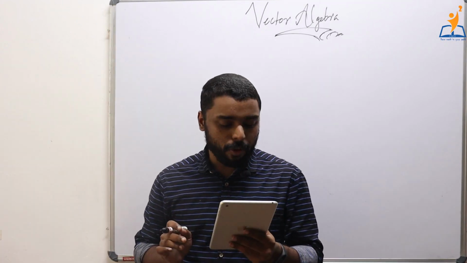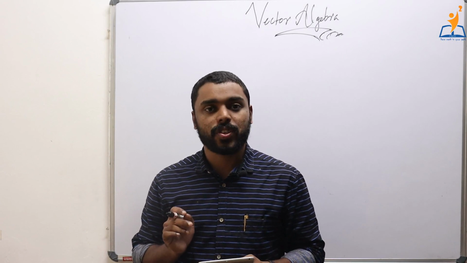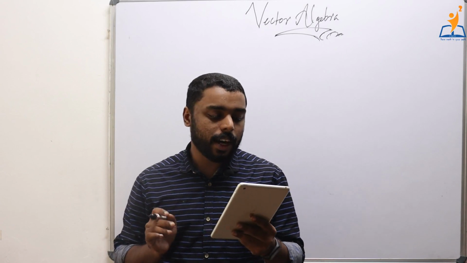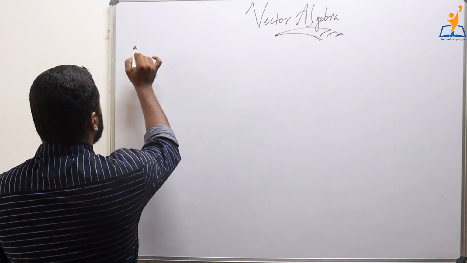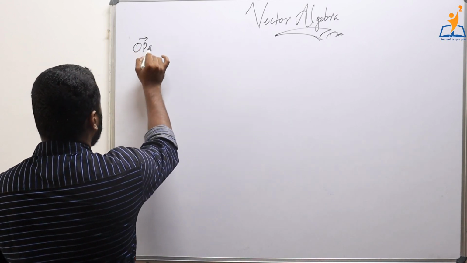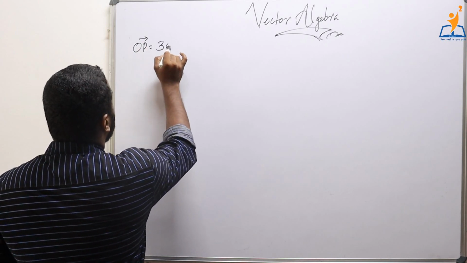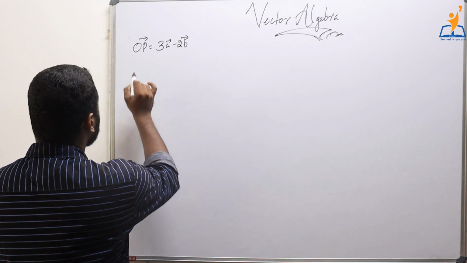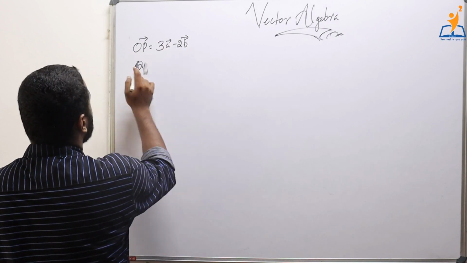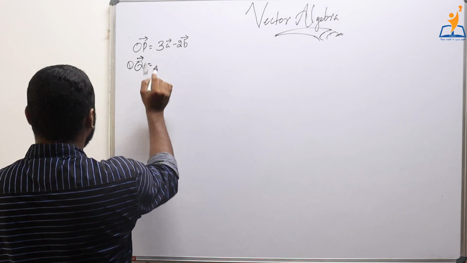Now we shall move to example 11 of your chapter. The question is: consider two points P and Q with position vectors OP equal to 3a minus 2b, and OQ equal to a plus b.